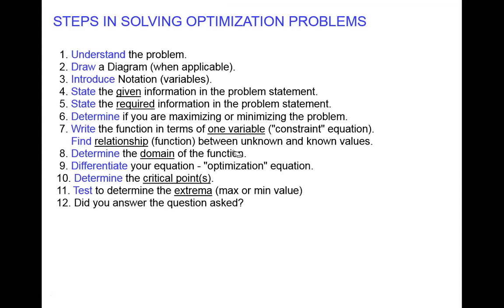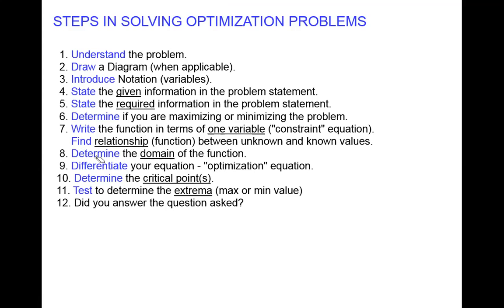Always state the domain, because we have to know what our field to move in is. Let's say we're talking about the length, the width, we can't have negative numbers, right? That means the domain will probably be common sense.